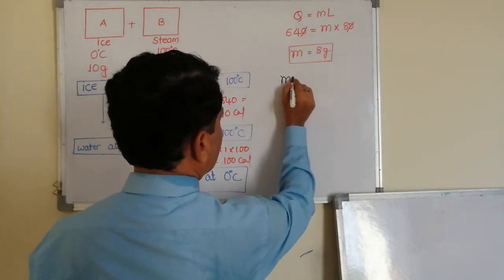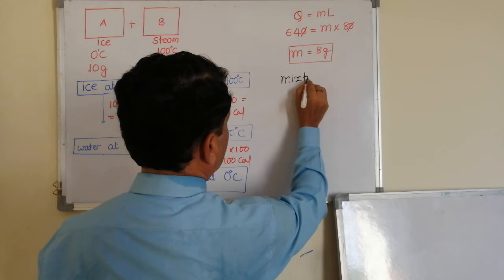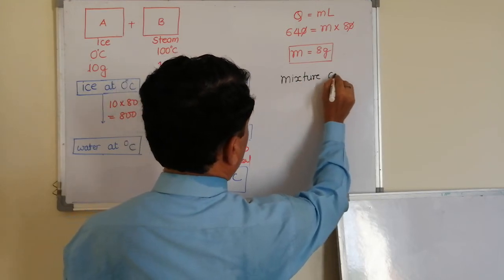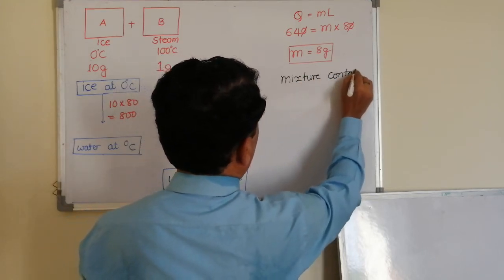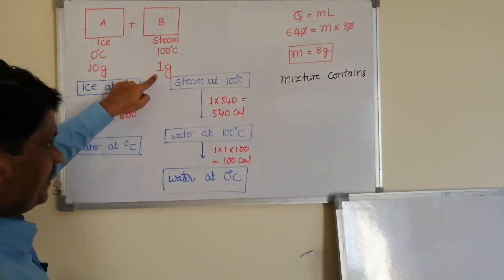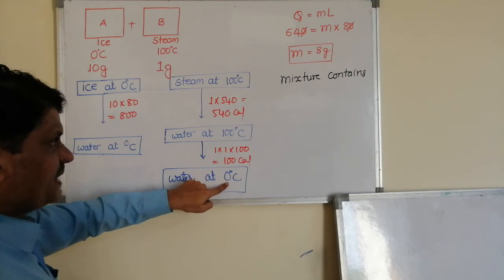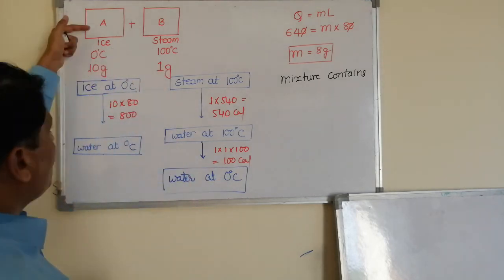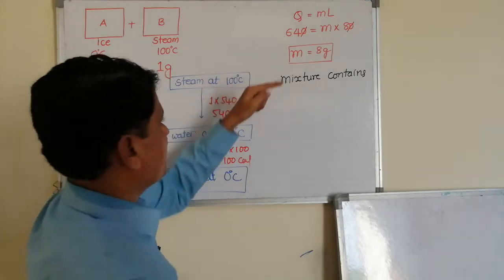What does the mixture contain? The 1 gram of steam is converted into water at 0 degrees Celsius, and out of 10 gram of ice, 8 gram has melted.